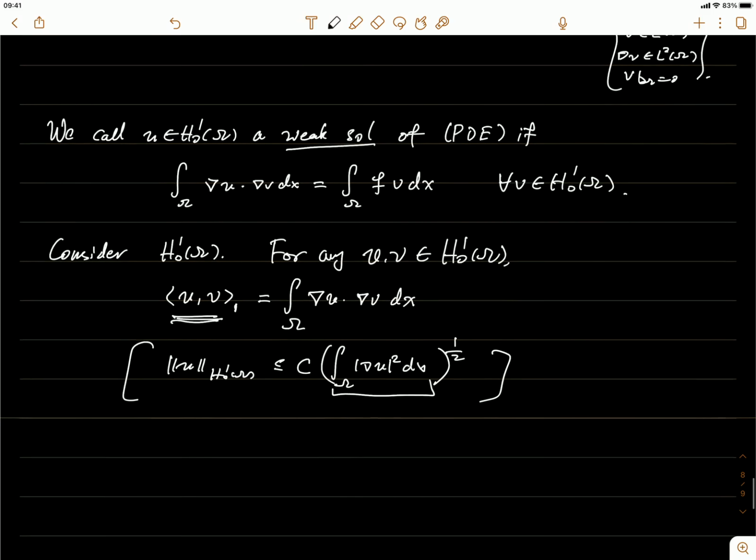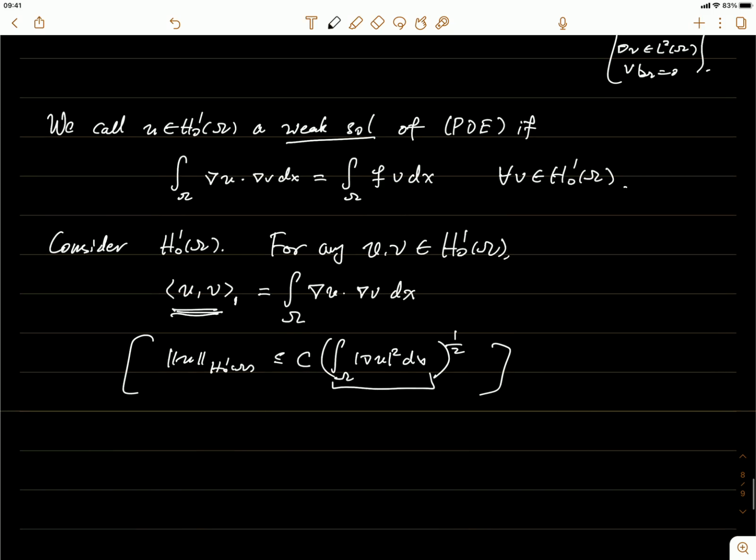The next step is we want to show that this H01 space is complete under this inner product, which means that we want to show that H01 omega with this inner product and the norm defined here is complete. Okay, we want to show that.